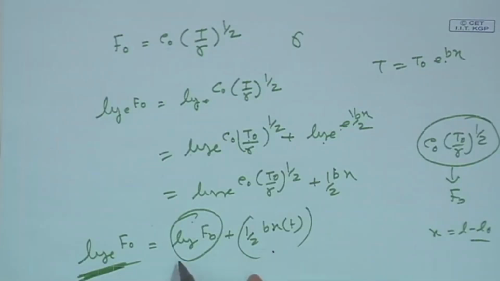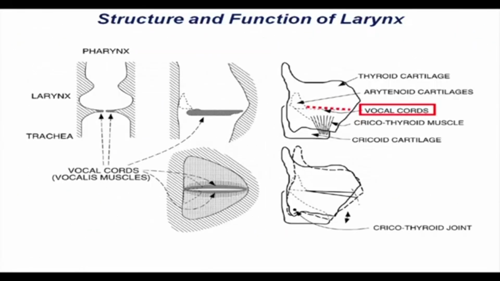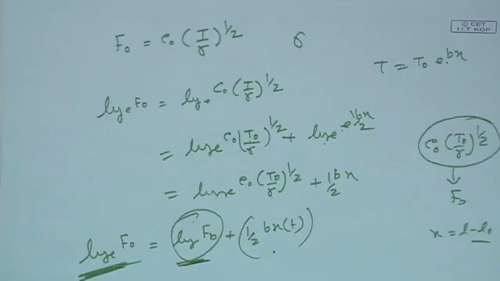Here, FB is the constant baseline, and the time varying term is half of b x(t).